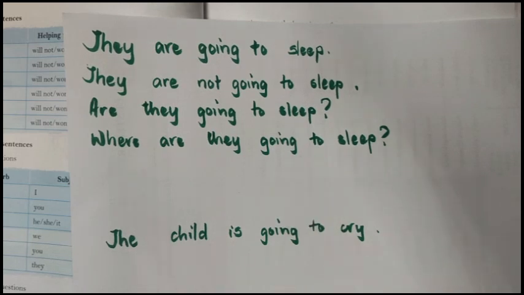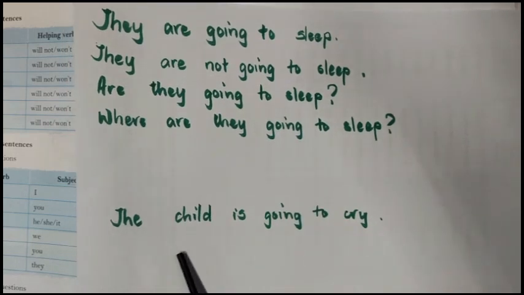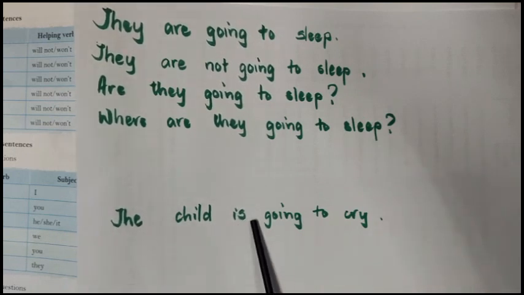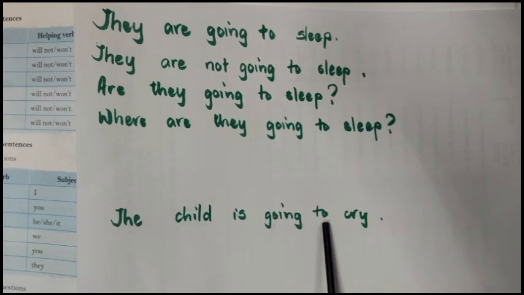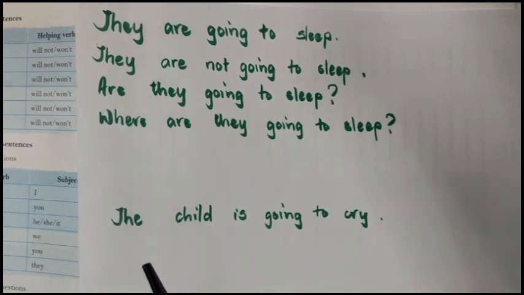And then one more example here at the bottom. The child is going to cry. The child is not going to cry. Negative. Is the child going to cry? Interrogative. And when is the child going to cry? Information question.